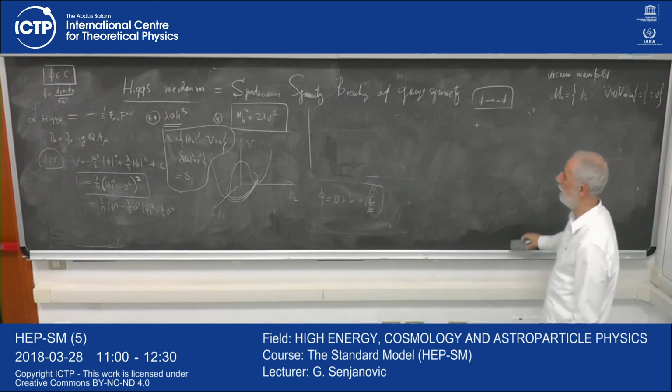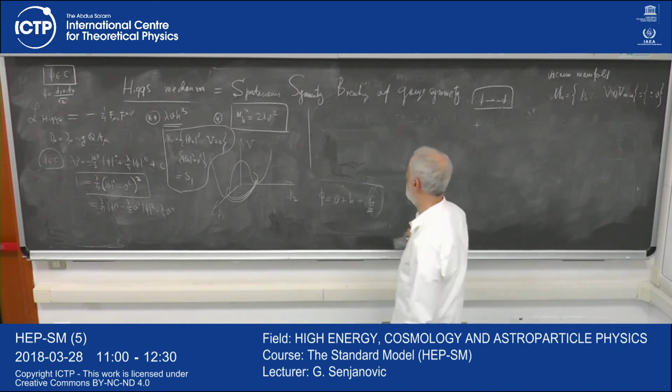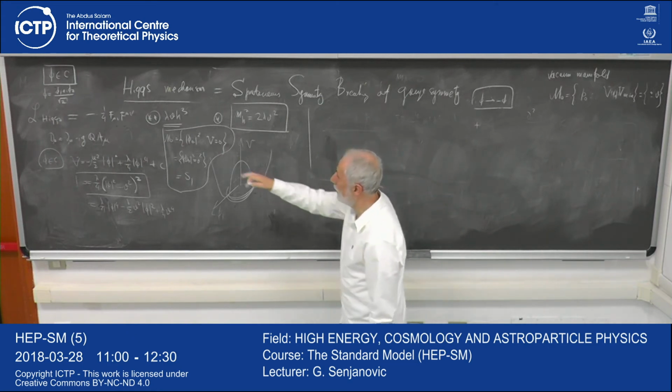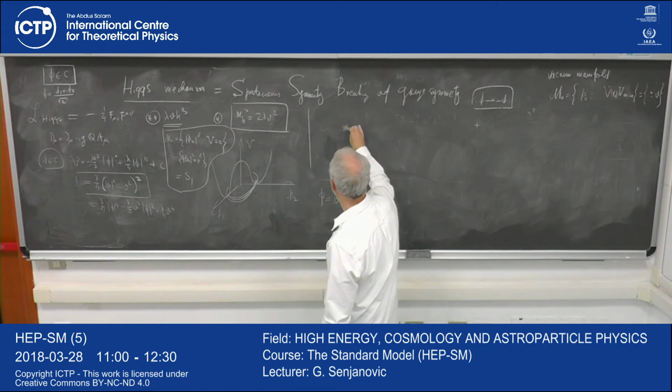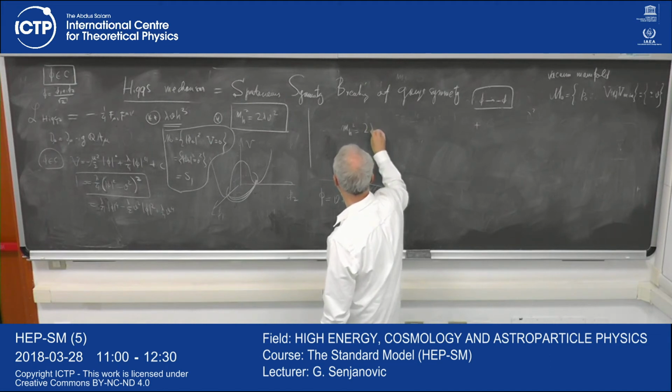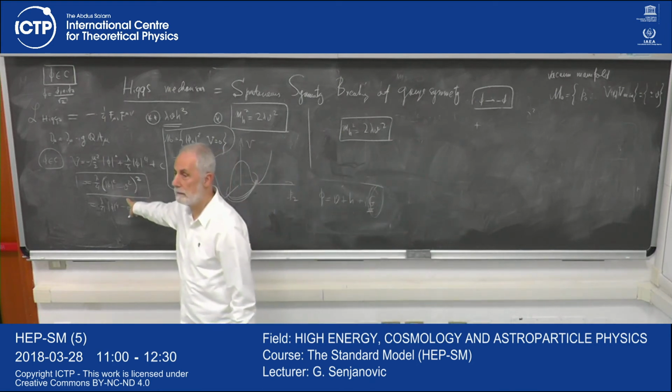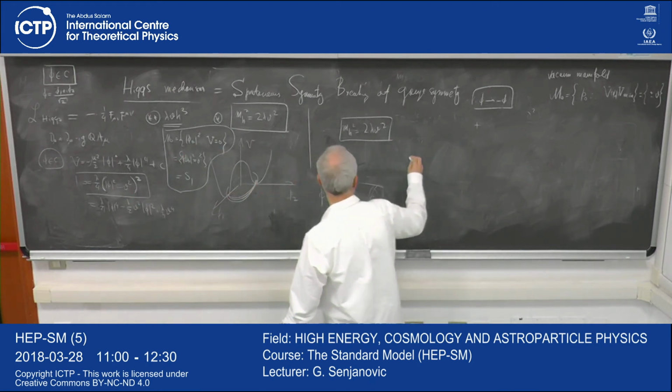Let me take just a few minutes to say the thing that I learned immediately by doing the same calculation as before: that m_h squared is 2 lambda v squared. It will be exactly the same. Why?